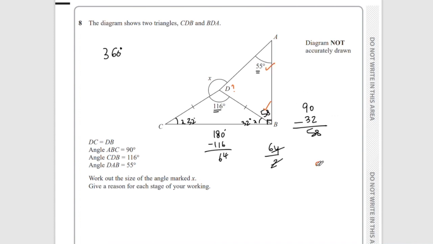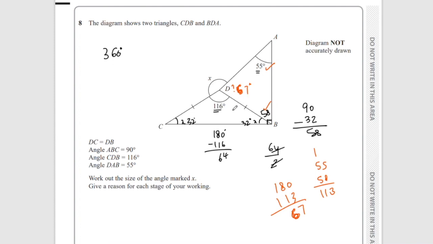So add 55 and 58, which will give you 113. Take away from 180. This one is 67 degrees, I'm sorry. So angle D is 67 degrees.